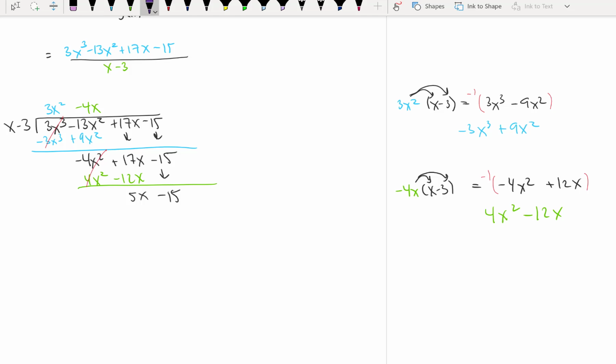Now x goes into 5x a positive 5. So 5 times my x minus 3 is going to give me 5x minus 15. Now I'm going to multiply that by a negative 1, so I have negative 5x plus 15.